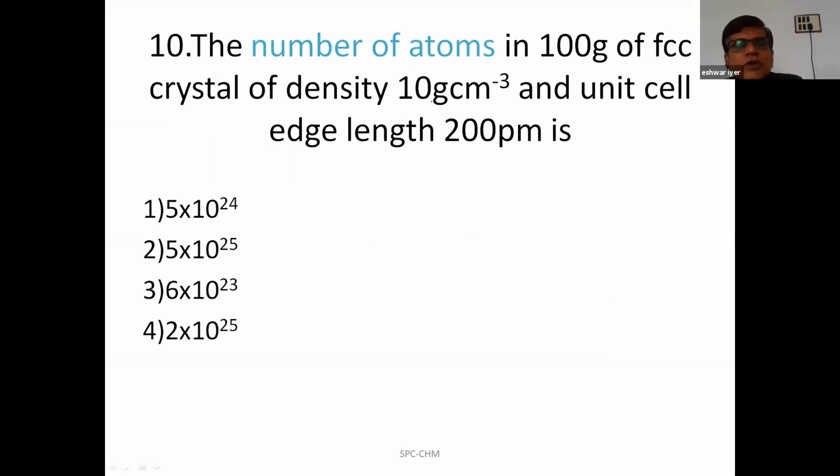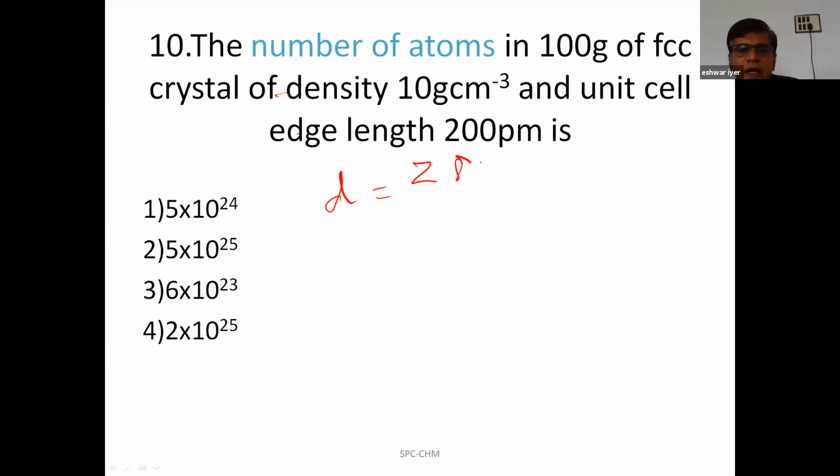Now the next question is the number of atoms in 100 grams of FCC crystal of density 10 gram per cc and unit cell edge length 200 picometer. To solve this problem, you will have to use the same formula. So that is density equals Z m over A cube Na.